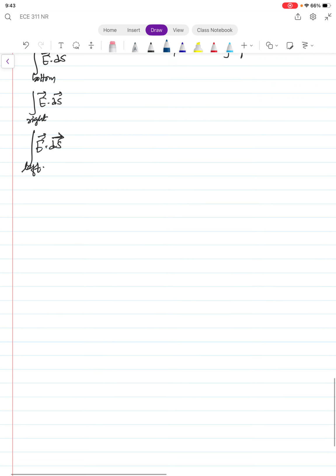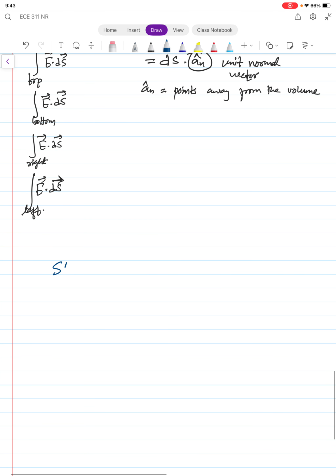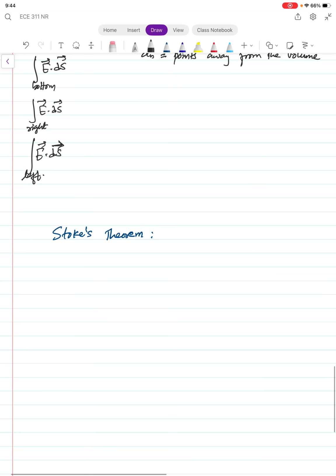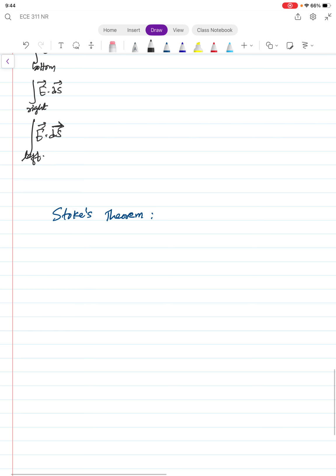And we'll discuss another theorem, which is Stokes' theorem. Okay, and Stokes' theorem, similar to the divergence theorem. Let me write the equation.